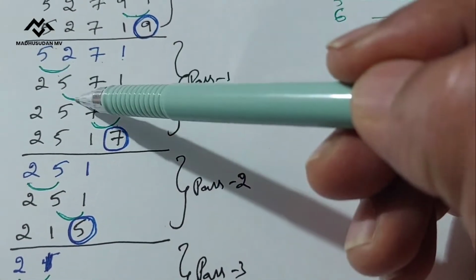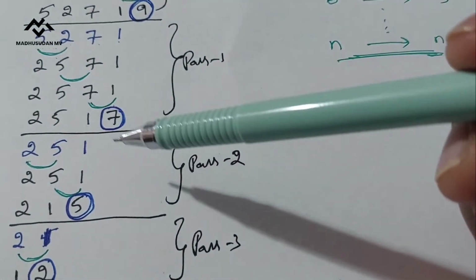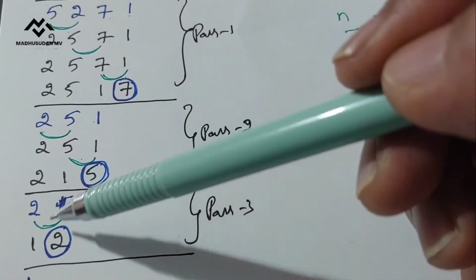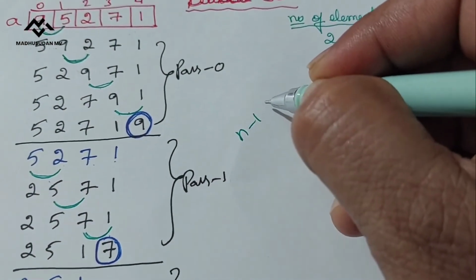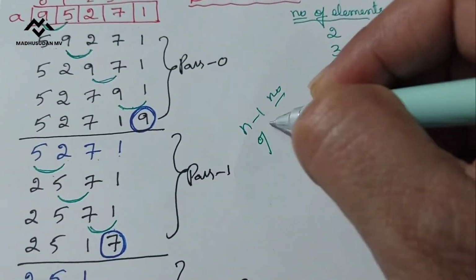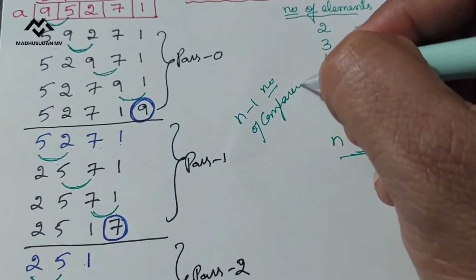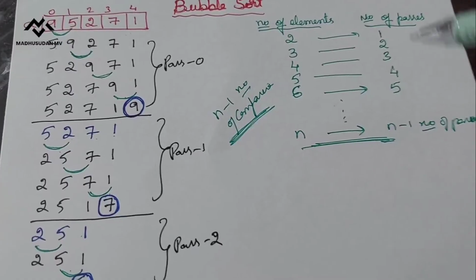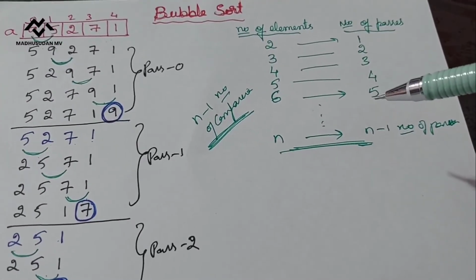How many comparisons? 1, 2, 3 comparisons. Similarly, 3 elements, 2 comparisons. 2 elements, 1 comparison. So in general, in each pass there are n minus 1 comparisons. So to sort n elements, n minus 1 comparisons.